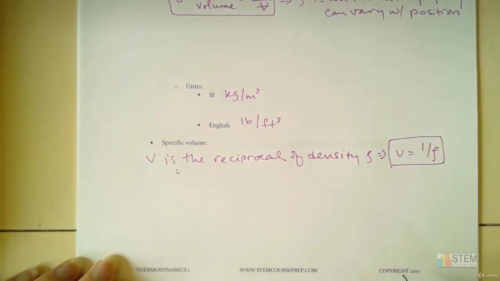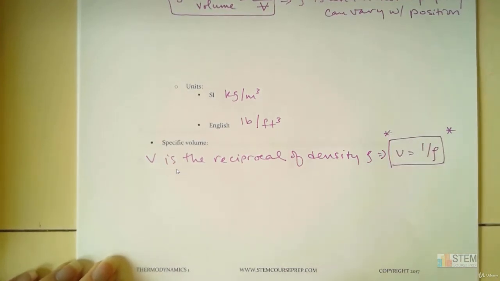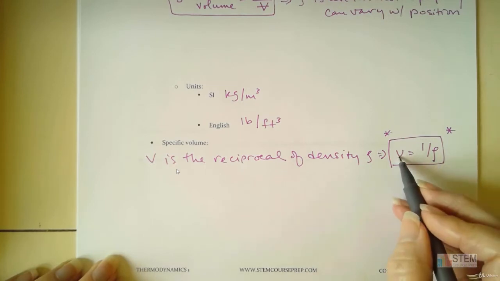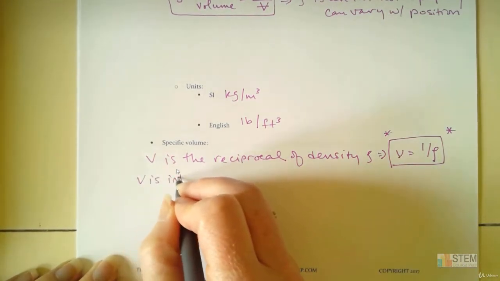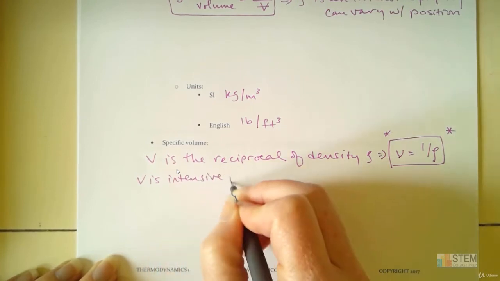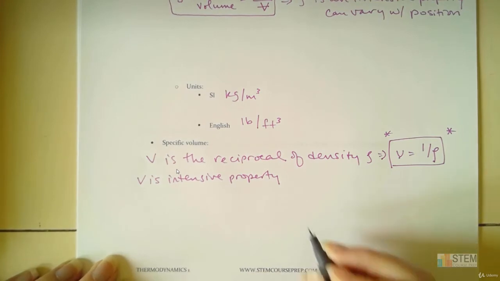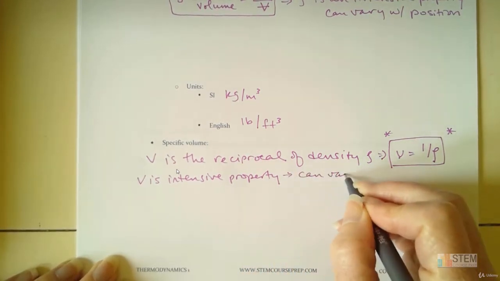So that's your equation. We're going to use this quite a bit. Now if density is an intensive property, that means specific volume is also an intensive property. So both of those are intensive properties, which means, again, they can vary from point to point.